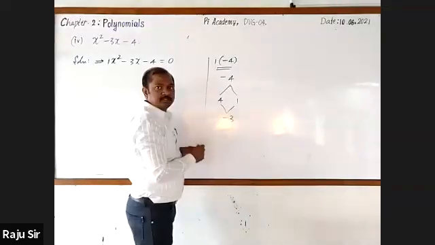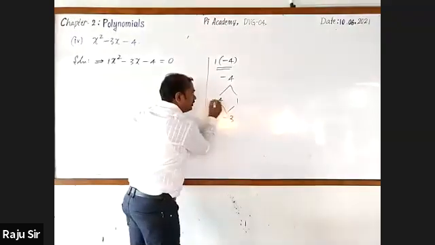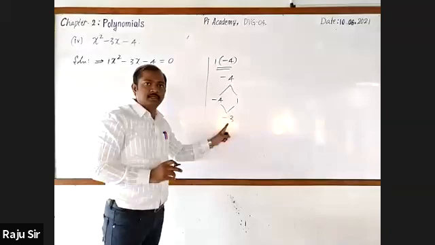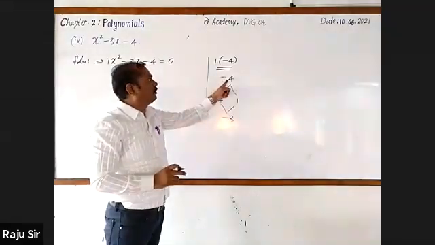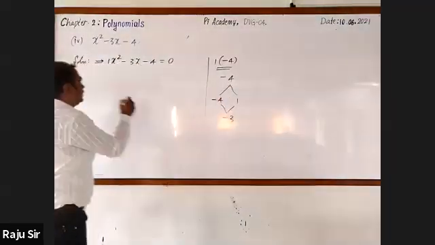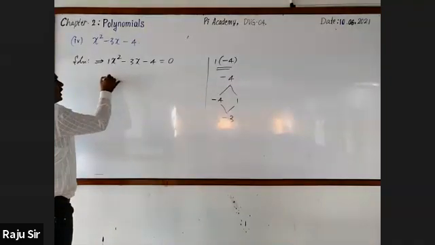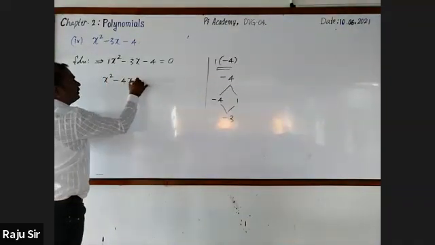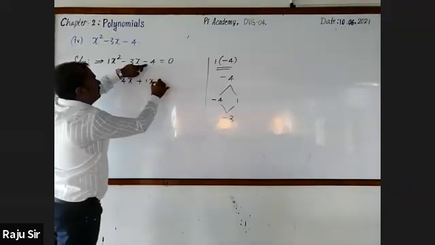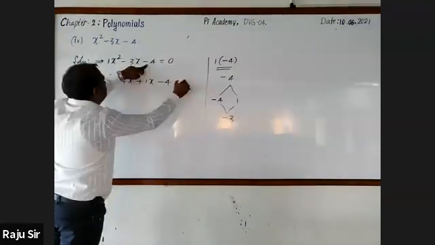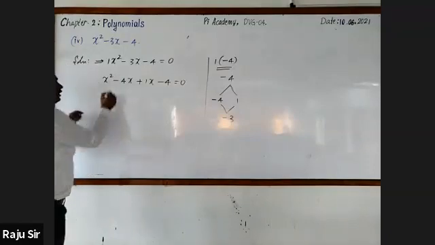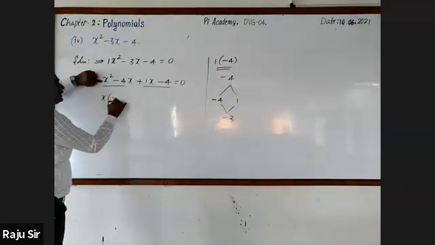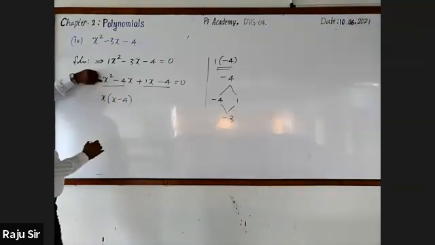We want minus 3. To get minus 3, we write minus 4, because minus 4 plus 1 is minus 3. Minus 4 into 1 is minus 4. So it is x square minus 4x plus 1x minus 4 equal to 0. Group them. In the first group, x is the common factor, it is x minus 4.